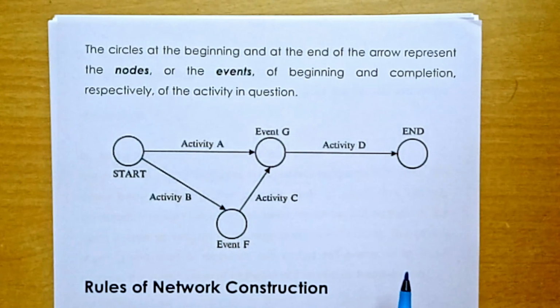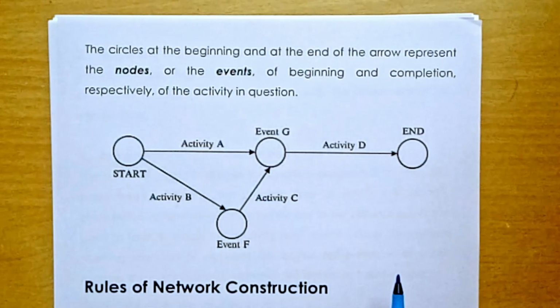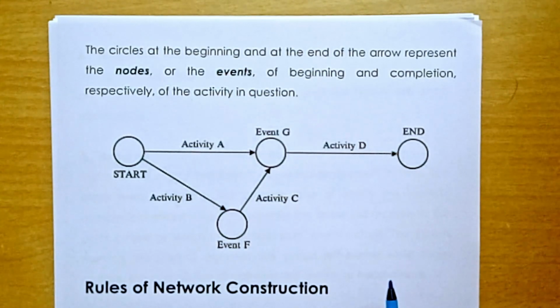The circles at the beginning and at the end of an arrow represent the nodes or events of beginning and completion respectively of the activity in question. So what is it? The circles at the beginning and at the end of the arrow represent the nodes or the events of beginning and completion respectively of the activity.